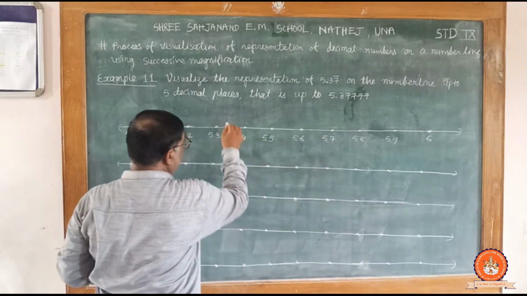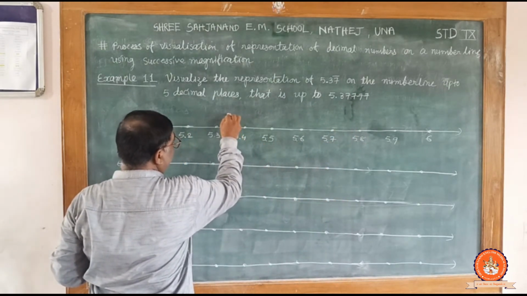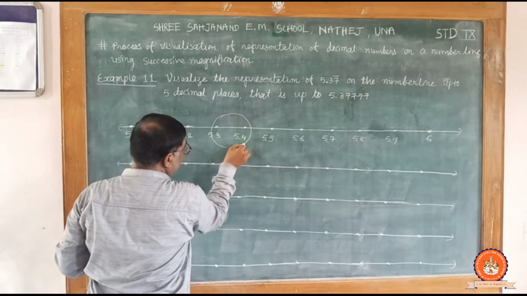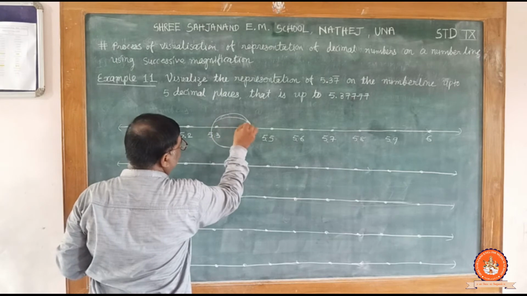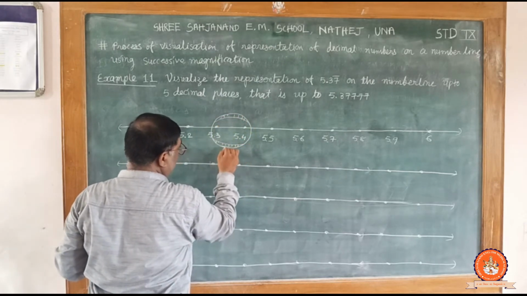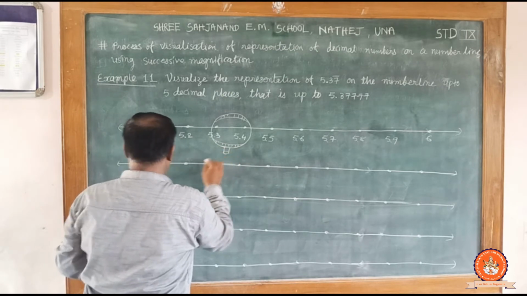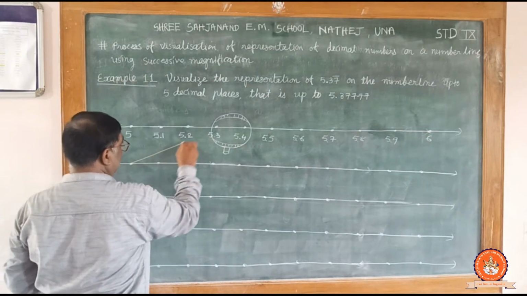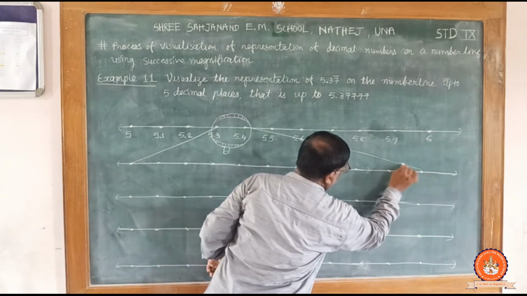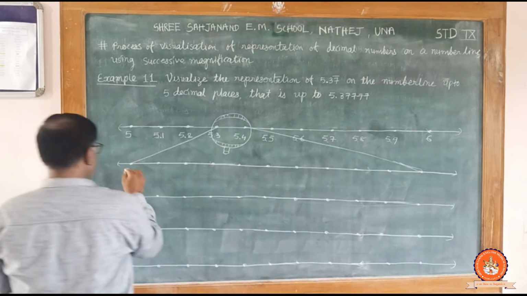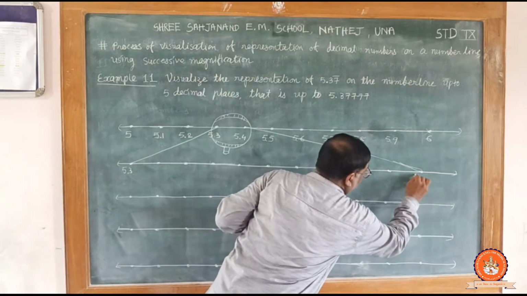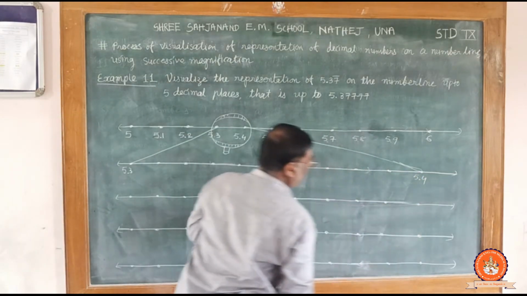Now 5.37 lies between 5.3 and 5.4. Okay, so we have to magnify this portion. So it will be 5.3 here and 5.4 here.